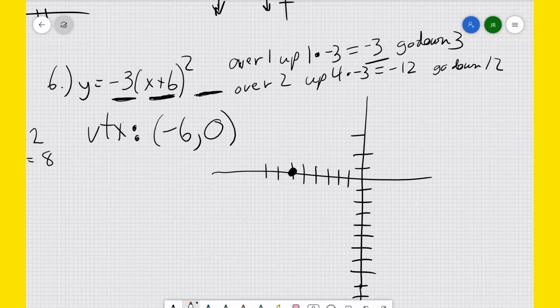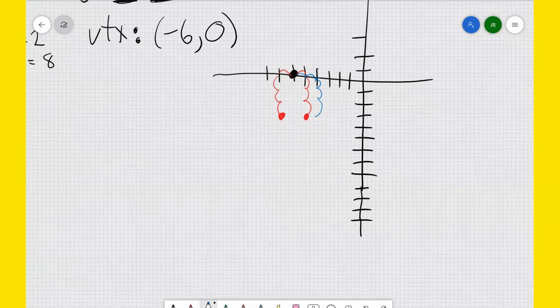Okay? So I'm going over 1. I'm going down 3. 1, 2, 3. Over 1, down 1, 2, 3. Go over 2, 1, 2. Go down 1, 2, 3, and a long way. 4, 5, 6, 7, 8, 9, 10, 11, 12.